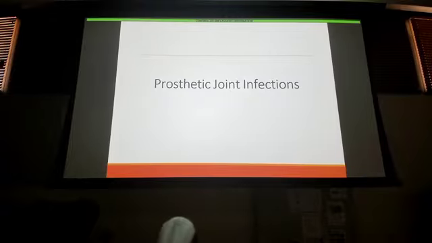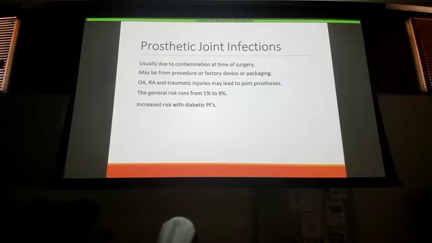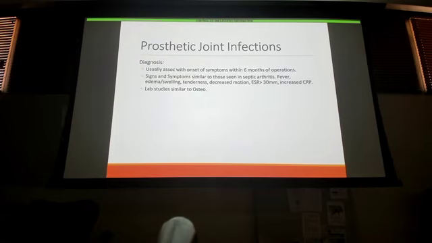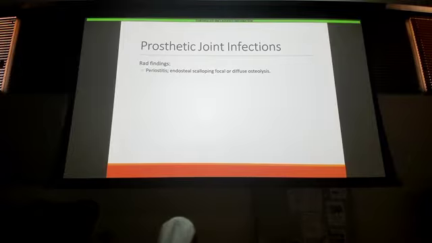All right, prosthetic joints absolutely can get infected as well, usually due to contamination at the surgery. Usually, if they're going to be infected, it's within 6 months of the operation, but not necessarily. Similar signs and symptoms to an infected joint. Same labs as an osteo.